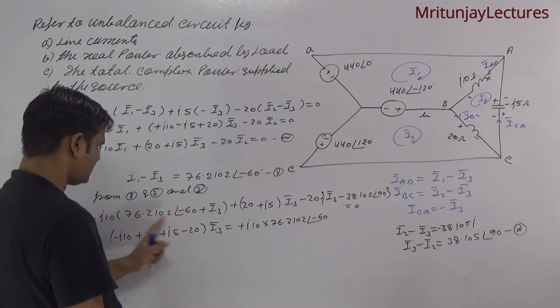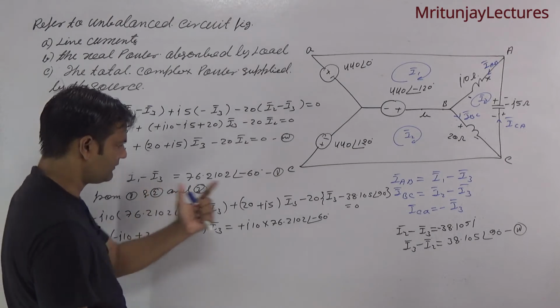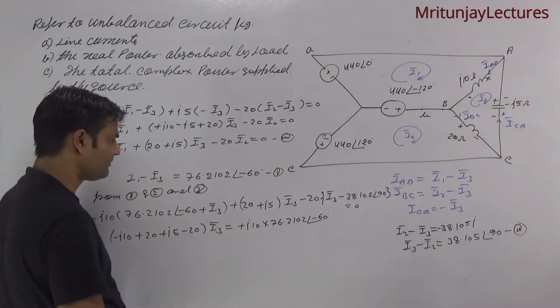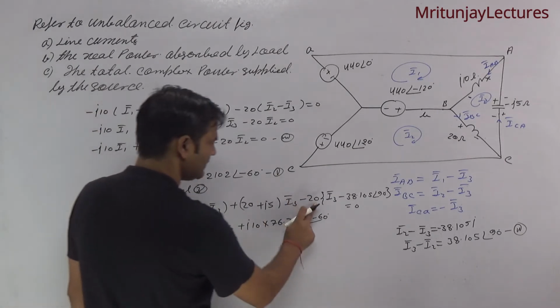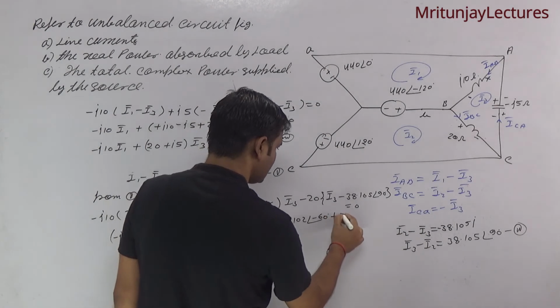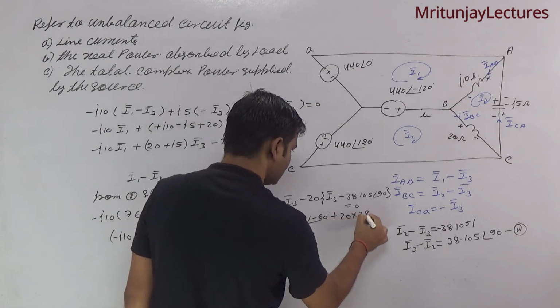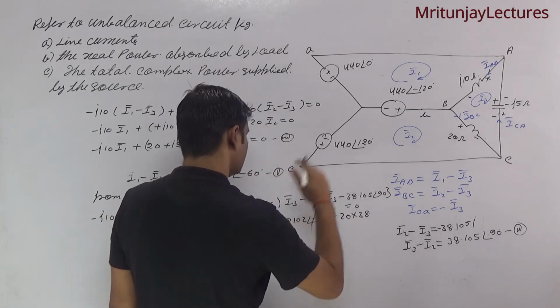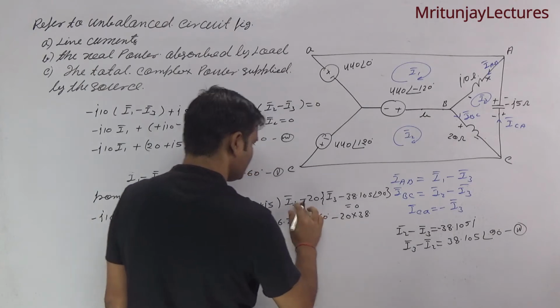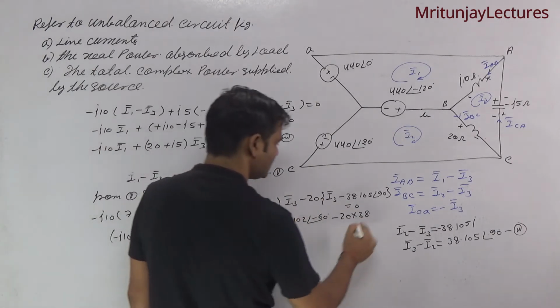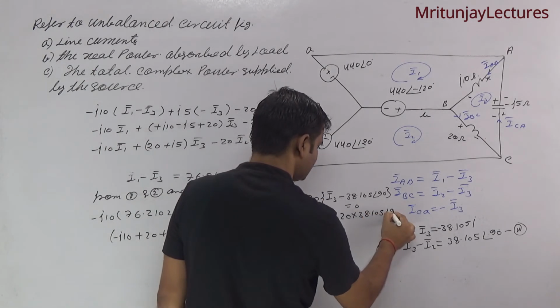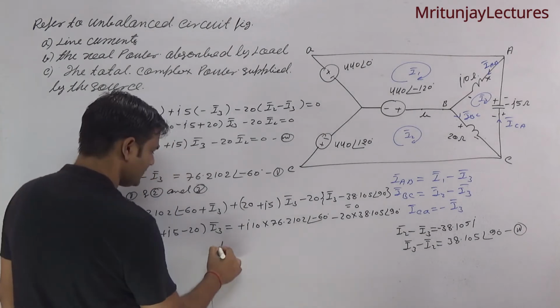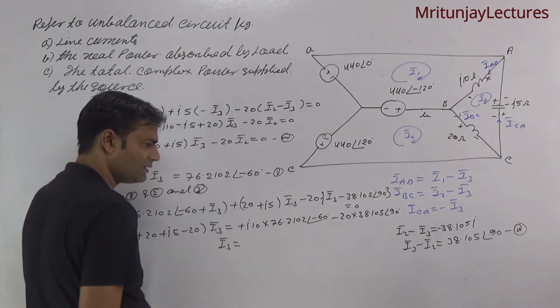Now this into this, if going to the other side, that is positive, and after that this one and this one, that is plus 20 into 38.105, and if it goes to the other side, that is negative, minus 1 is plus, that is 105 at the angle 90 degree. So finally, what about I3?